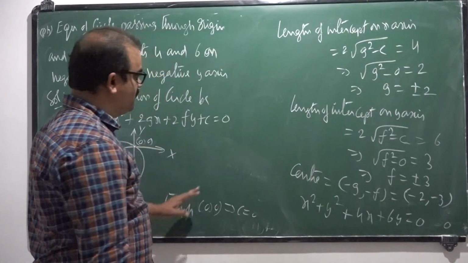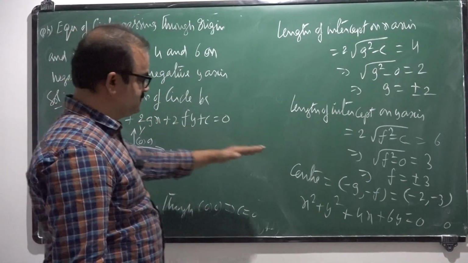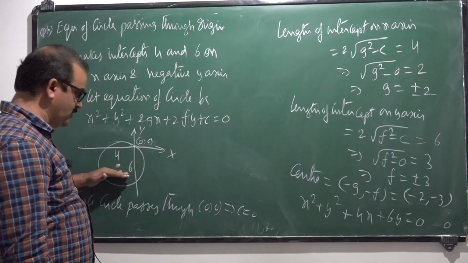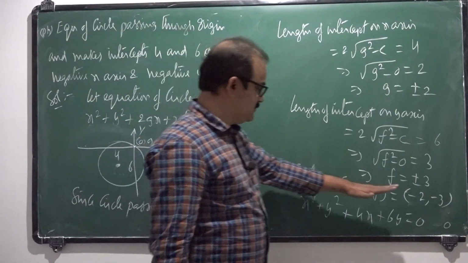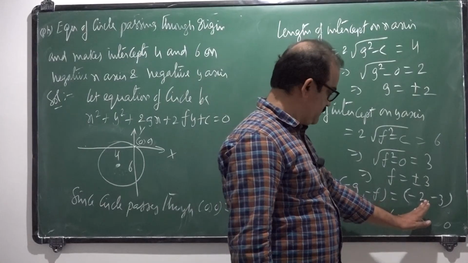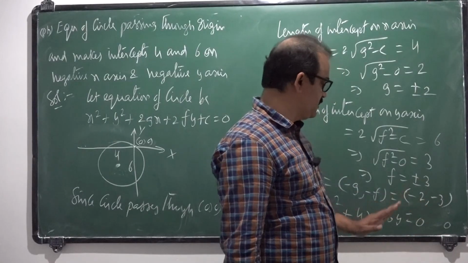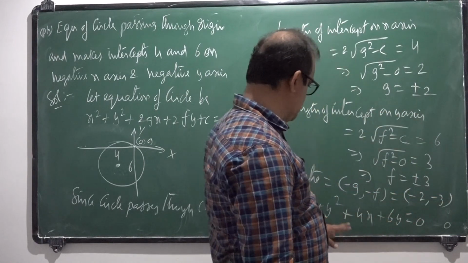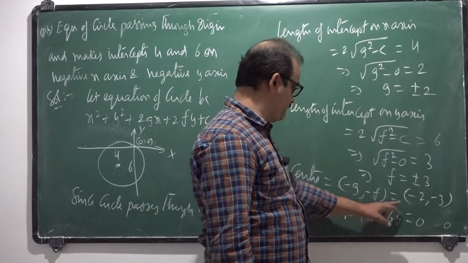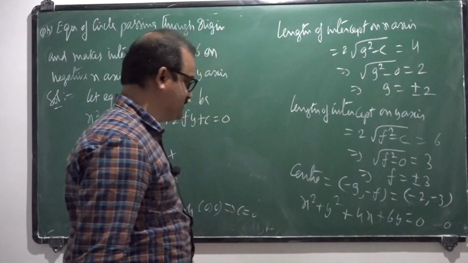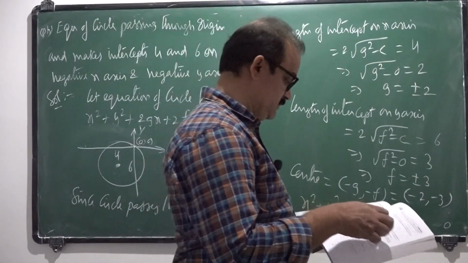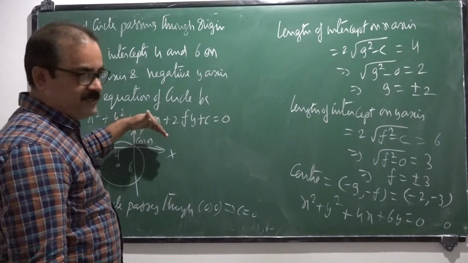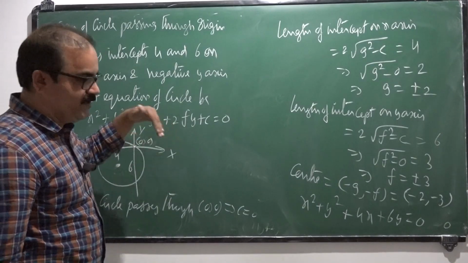Center of this standard circle is minus g, minus f. Here center lies in the third quadrant. So you take negative x coordinate and y coordinate. So center is minus 2, minus 3. On comparing g is equal to 2, f is equal to 3, we get this equation. If this center lies in the first quadrant, we take x coordinate positive and y coordinate also positive.